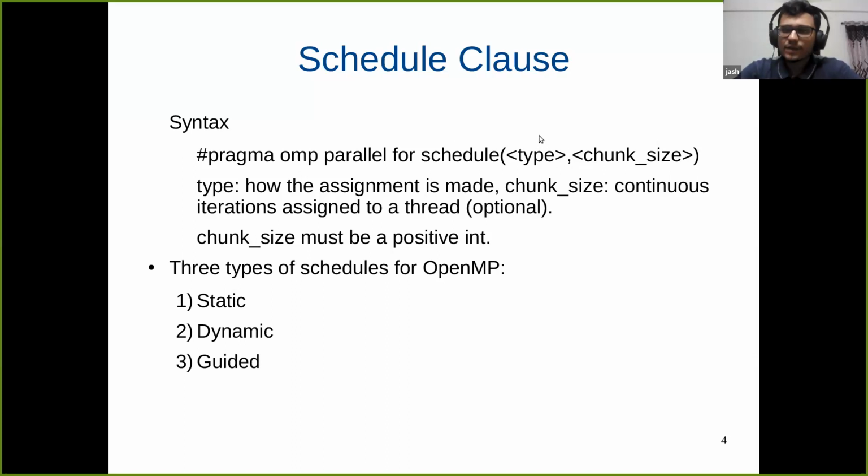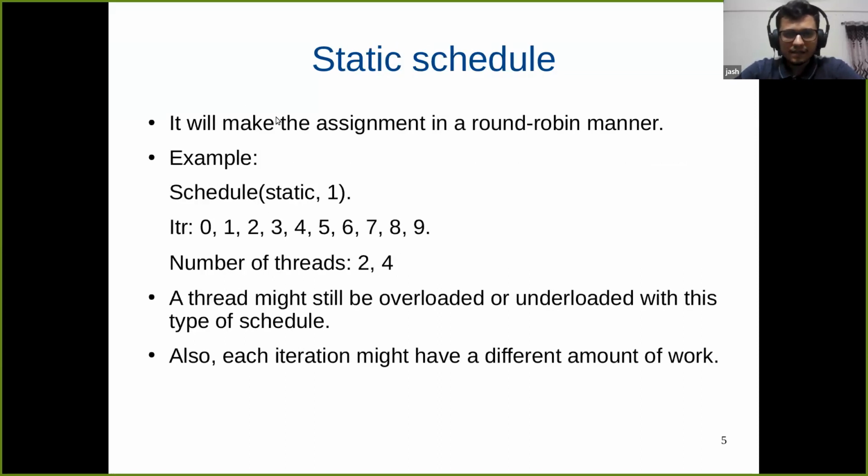In the type section, we specify static, which tells OpenMP that we want to use the static schedule for the assignment of the work for this loop. The way it makes the assignment is simple. It will go in a round robin manner and distribute the work that way. I hope you know what round robin is, but even if you don't, that's fine. We'll look into this example.